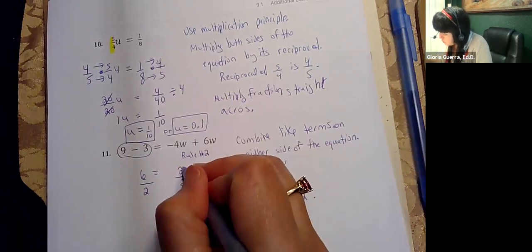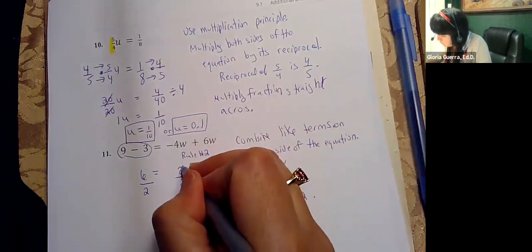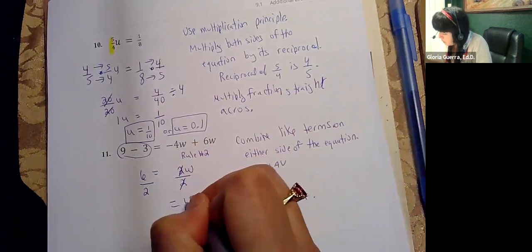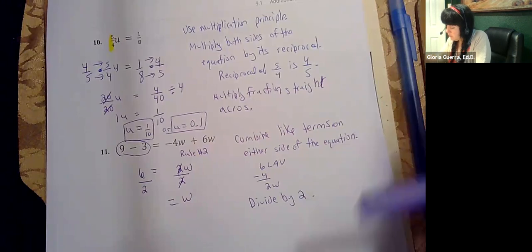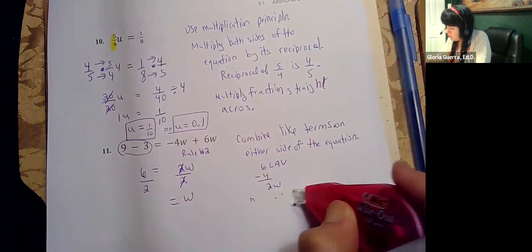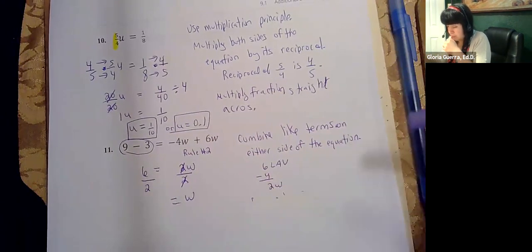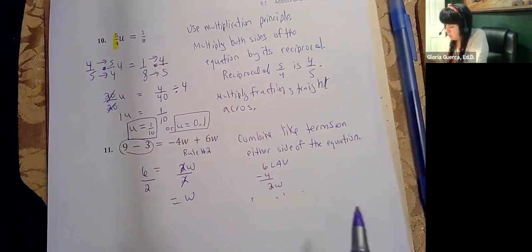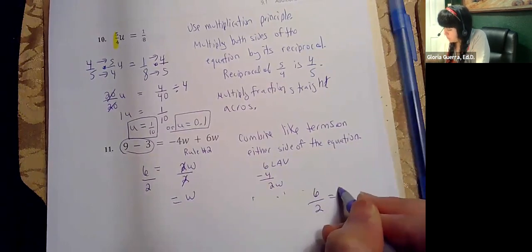Actually, I take that back. I won't say divide. If you look at 9 minus 3 is 6, but then you do 6 divided by 2 is 3.